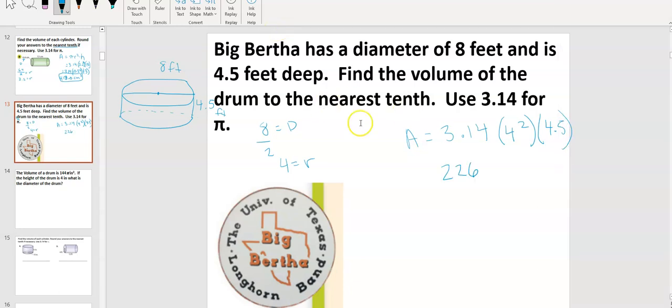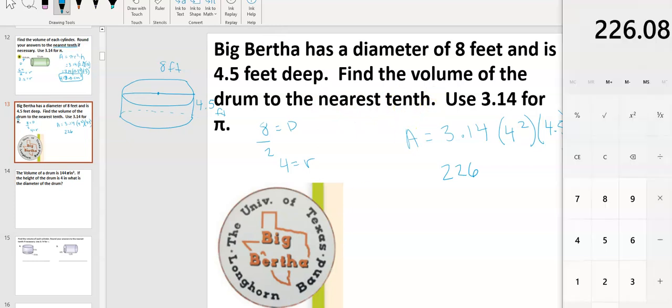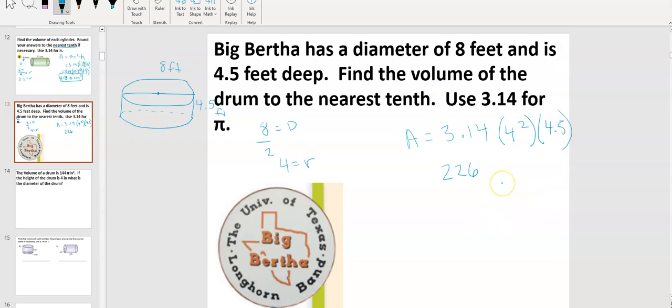I'm rounding to the nearest tenth. So I look here at my tenths place, I go over to the right one, that's 5 or bigger, so I'm going to go up. So this is going to be 226.1, and we're in feet cubed. That is my volume.